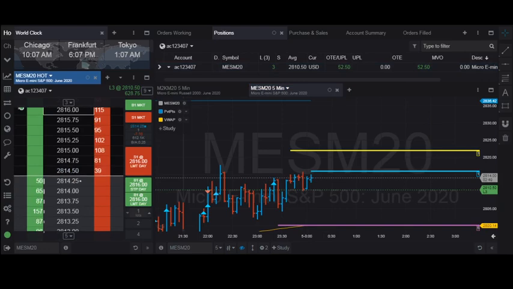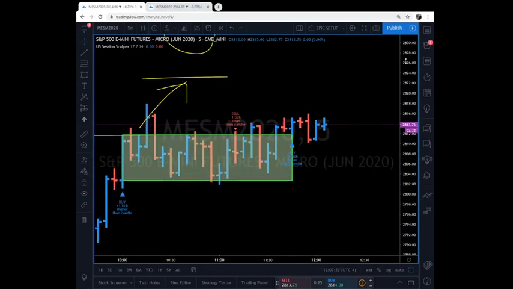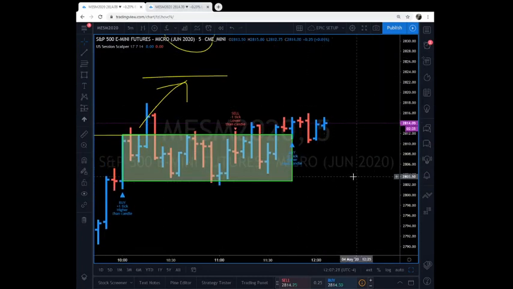Alright traders, still maintaining on the positive side and waiting for the breakthrough to the higher side. It's a bit late, and we have been in the market for quite some time. So based on this charting as well, we can see that the market still remains sideways, waiting for a breakthrough.